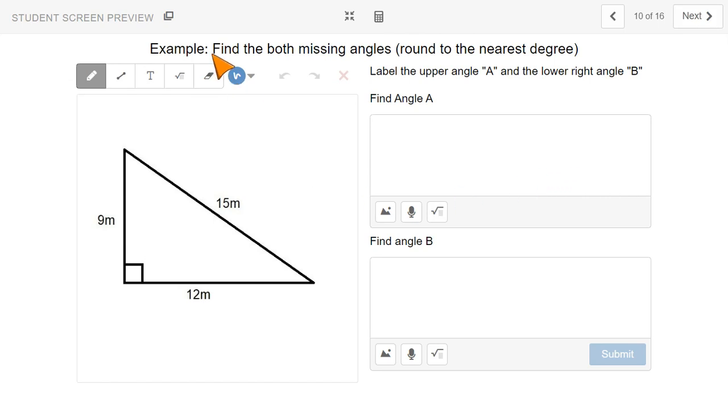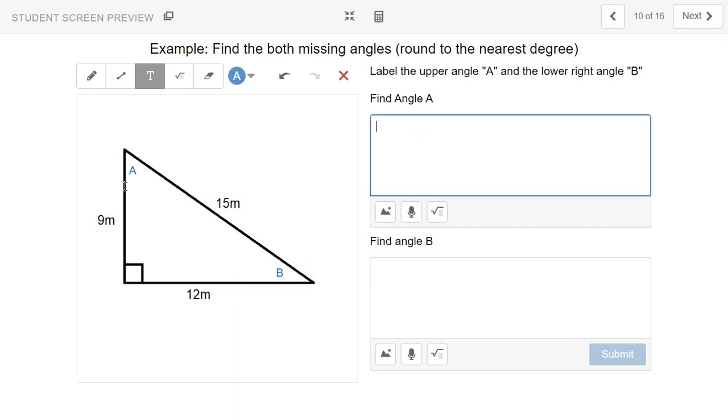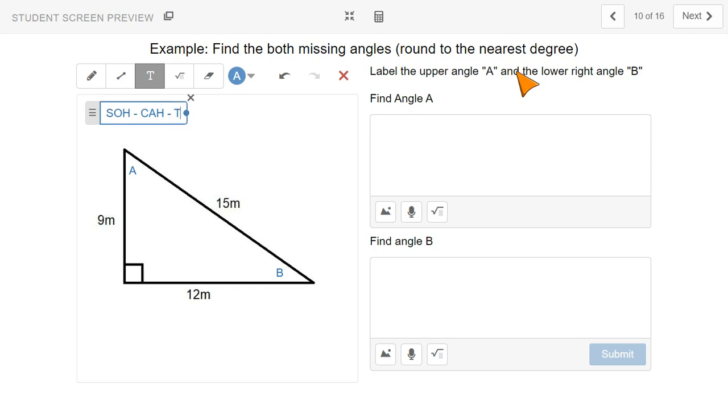Another example. Find the missing angle and round to the nearest degree. Label the upper angle as A and the lower angle as B. So we have A here and we have B here. Now, since we're given all three sides, we can choose which one to use. We could use sine, cosine, or tangent, as long as we're labeling what's relative to our working angle.